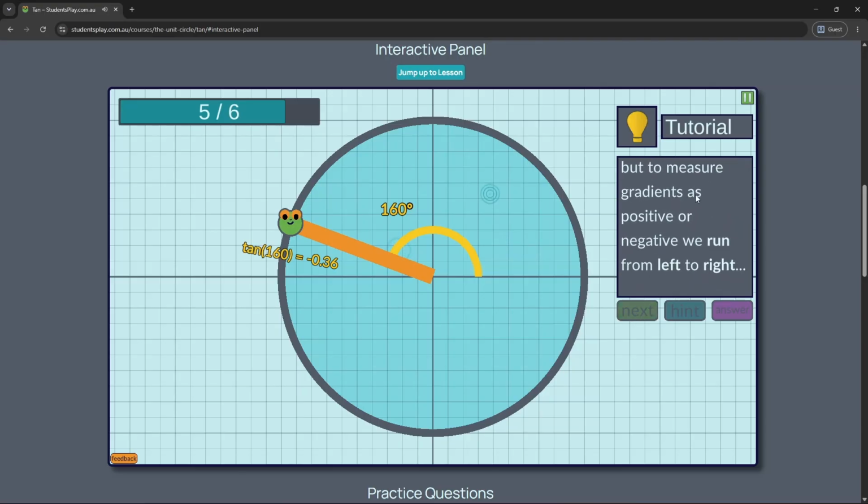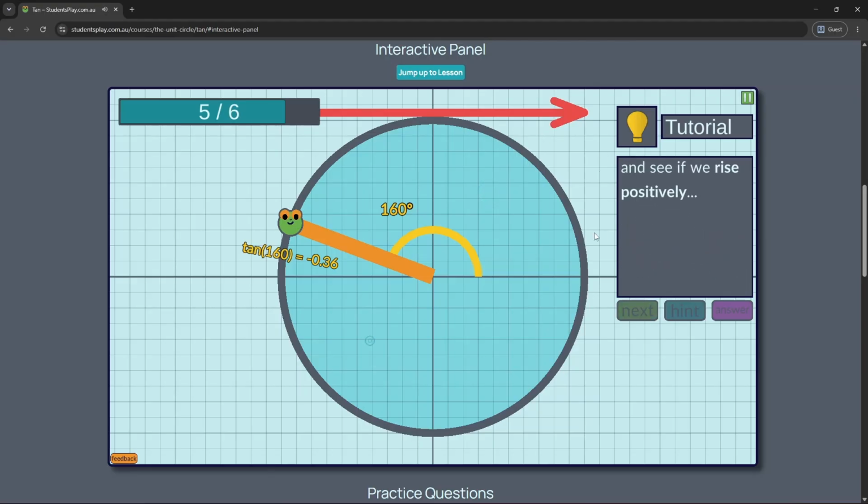To measure gradients as positive or negative, we run from left to right. And then we see if we rise positively like that, or negatively, which would be like that. If we're thinking about how this goes upwards here, we have to run to the left, and then we have to rise positively.